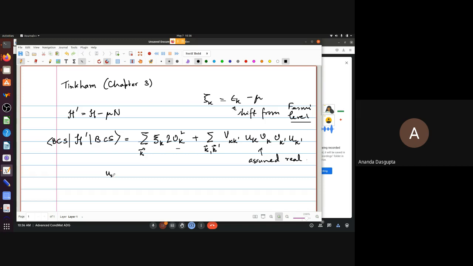And we also used the fact that uk square plus vk square equals 1 to write down uk is sine theta k and vk is cos theta k.